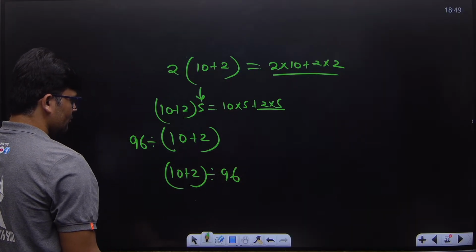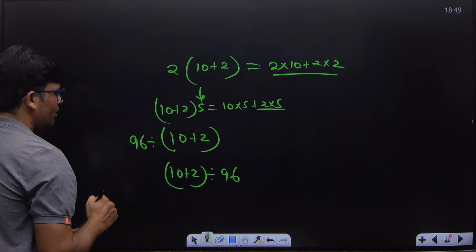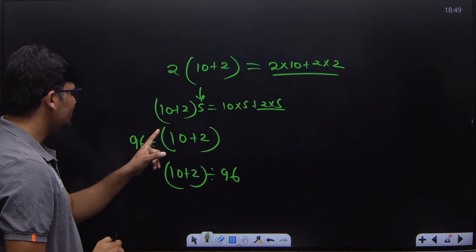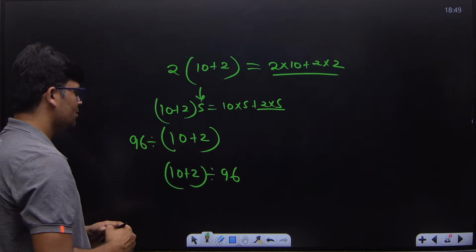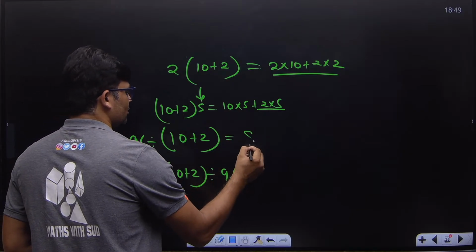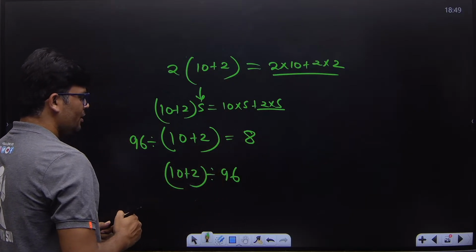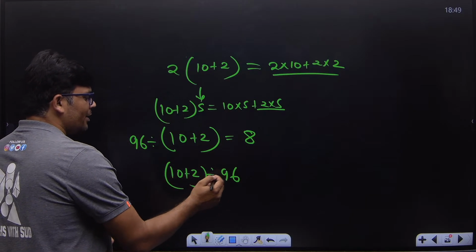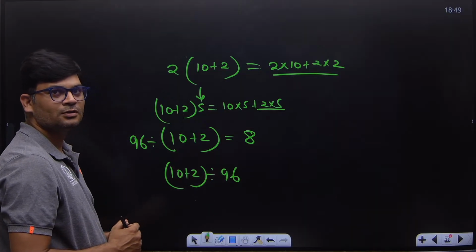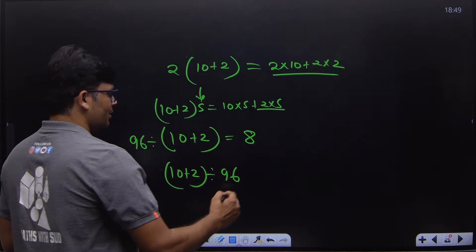So what is happening here? 96 divided by 10 plus 2 is how much? 96 divided by 12, 8. And 10 plus 2 divided by 96 is how much? 1 by 8.